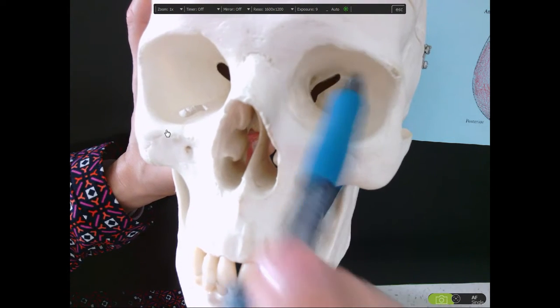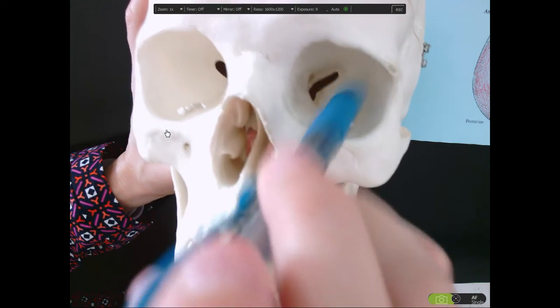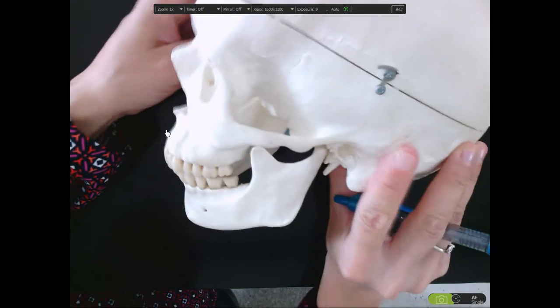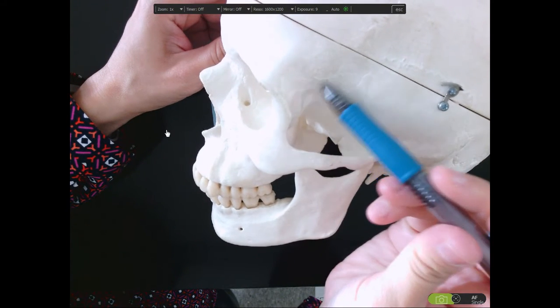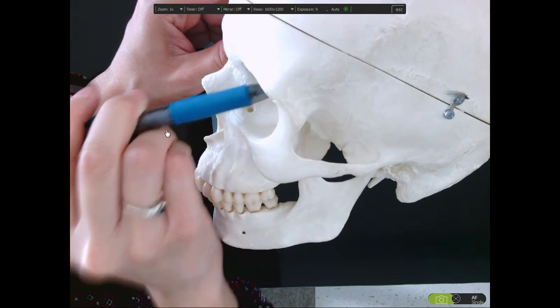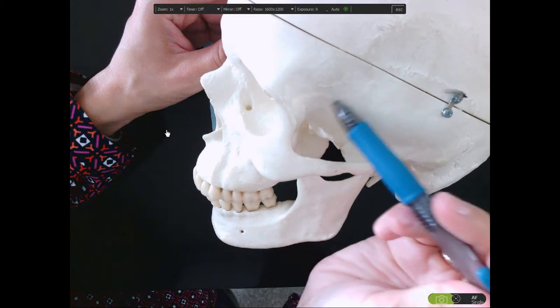So if I look in the eye socket, in the orbit, I can see the sphenoid. But if you turn the actual skull on its side, I could also see the sphenoid bone right in this area too. It's the same bone that you can see by looking through where the eye is. That's this bone right here. So you will see it labeled on the side of the skull as well.